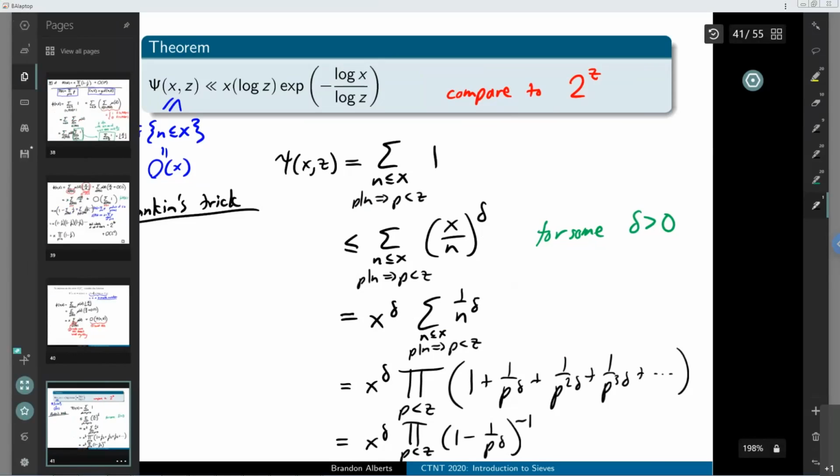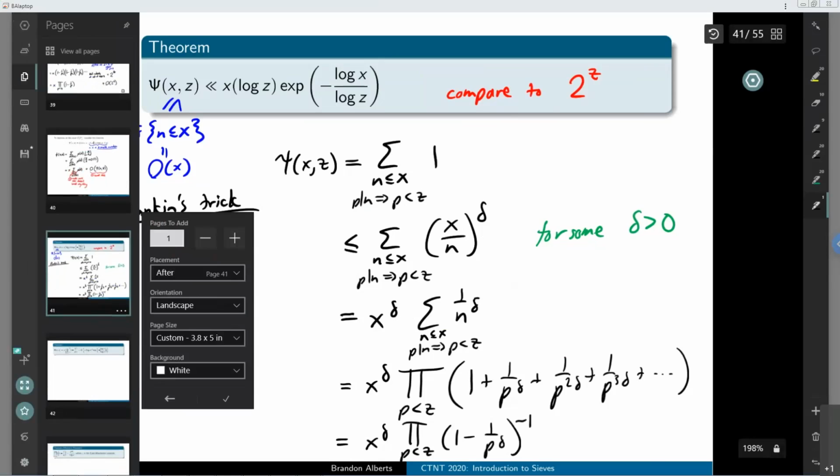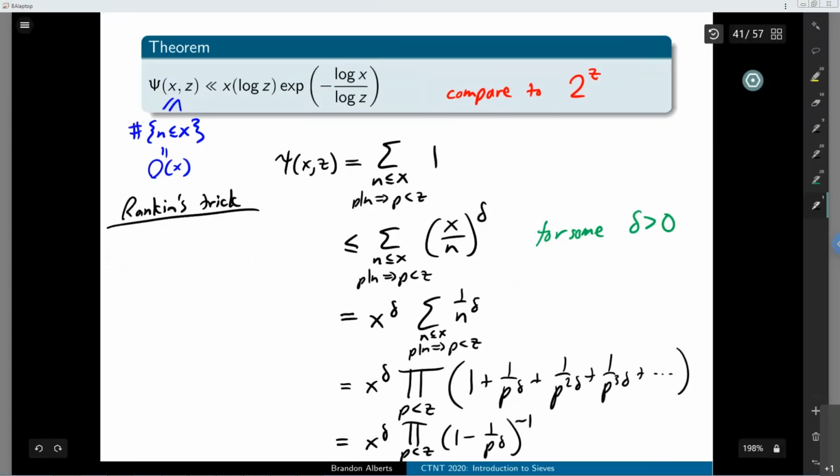All right. Let me add 2 more pages. So now we're once again coming up to this product over primes less than z of something involving those primes. And we once again are looking for some way to think about this bound. So I'll show you a nice trick here that you can get a pretty sharp looking upper bound.